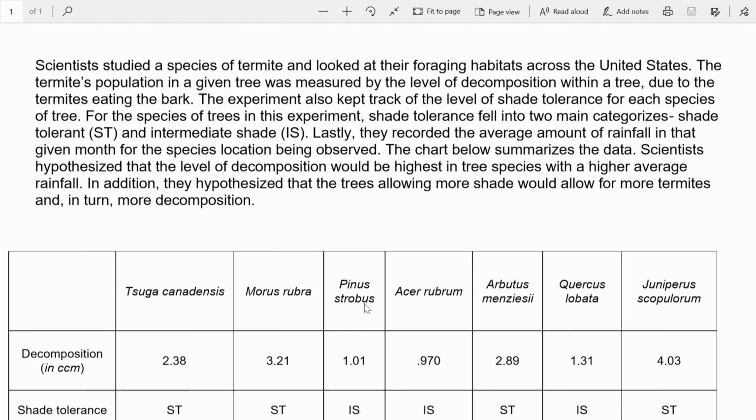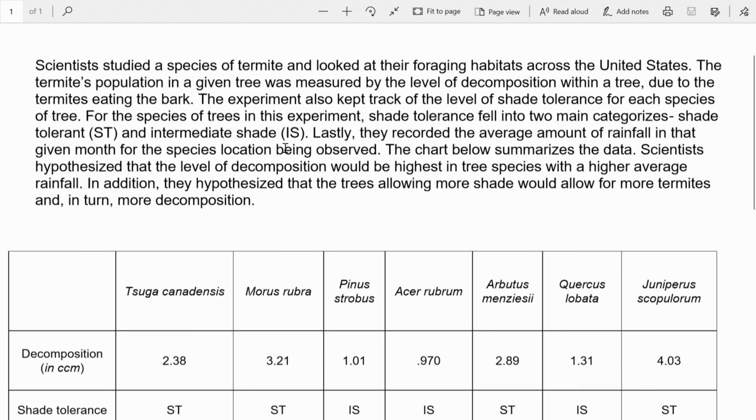Scientists studied a species of termites and looked at their foraging habitats across the United States. The termite population in a given tree was measured by the level of decomposition within a tree due to the termites eating the bark. The experiment also kept track of the level of shade tolerance of each species of tree.